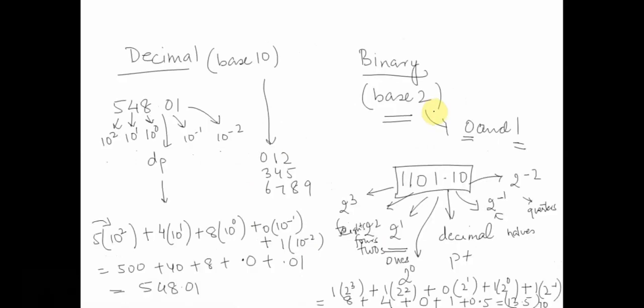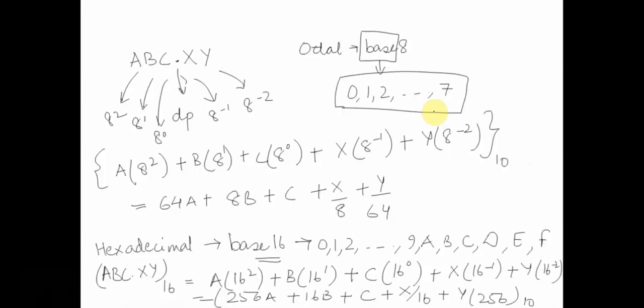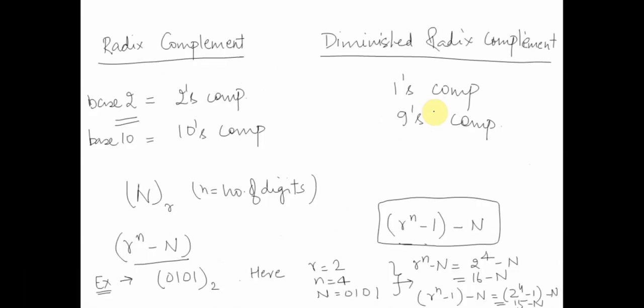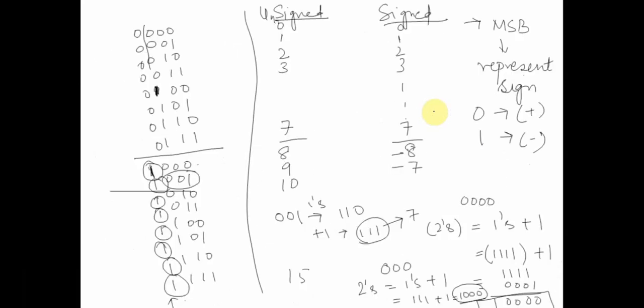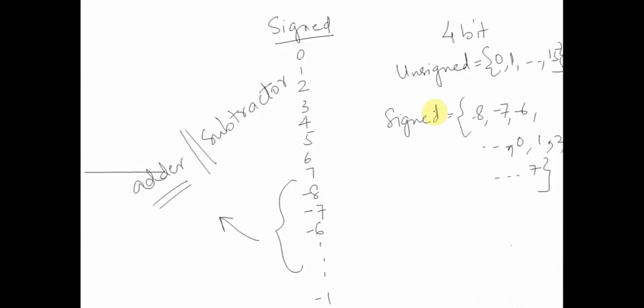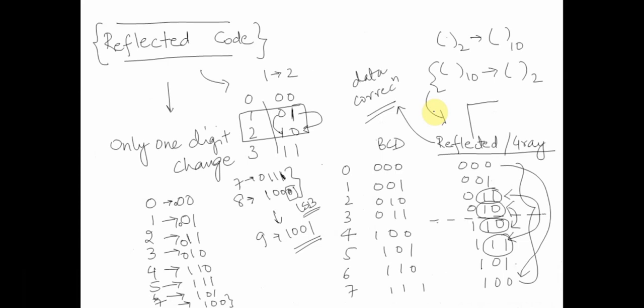Going forward, we discussed base 10, base 2, and eventually the octal system, hexadecimal, radix complement, how two's complement is the negative of a number, and how we obtain one's complement by inverting all the bits. Then we spoke about the important concept of signed and unsigned numbers, their ranges, and how to convert a signed number into an unsigned number. And at last we spoke about reflected code, which is nothing but gray code, which can be used for error correction and error detection at the receiver end.